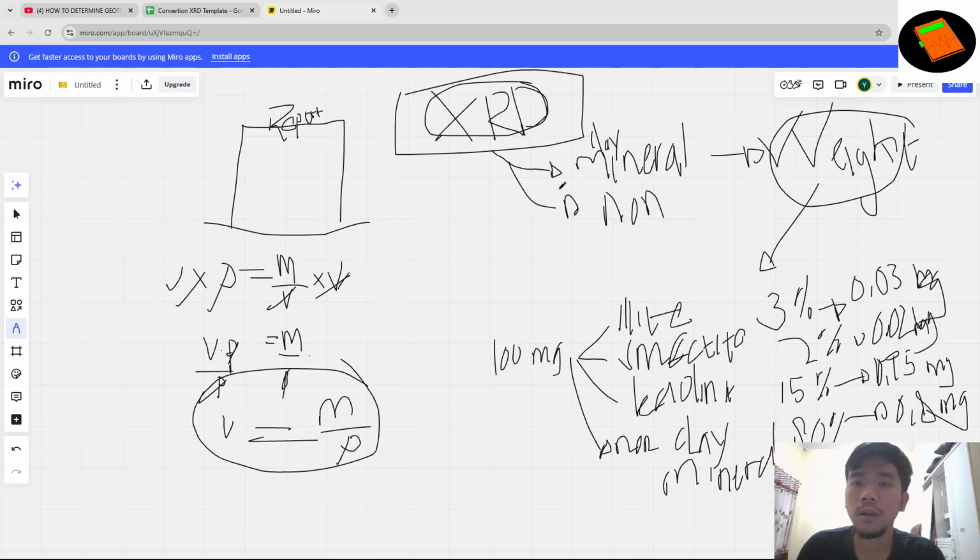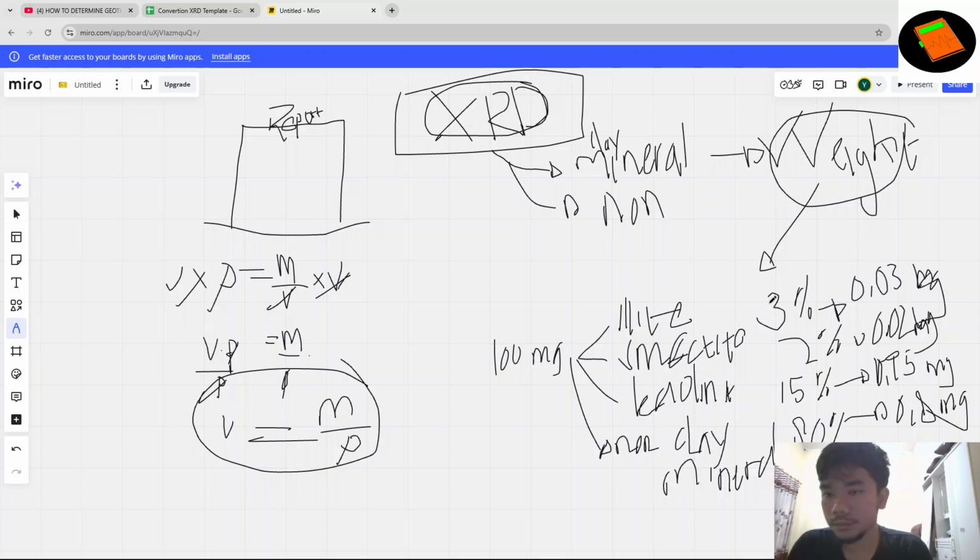So for example, we have a 100 milligram sample of rock that we get from the coring method. The first of our clay minerals is illite, and the second are smectite and kaolinite. The third and the last is non-clay mineral.